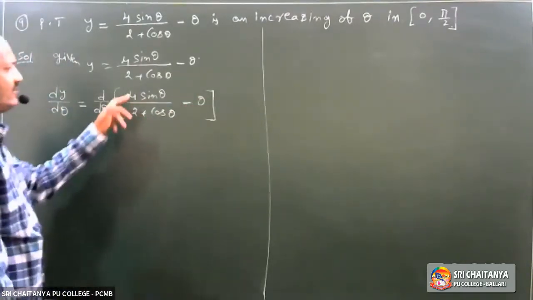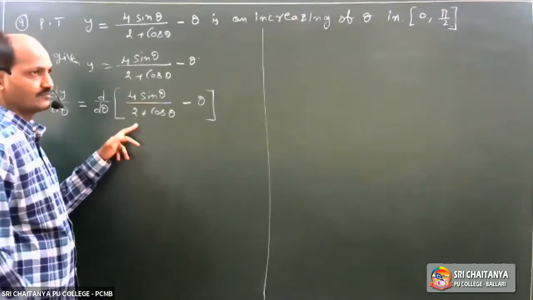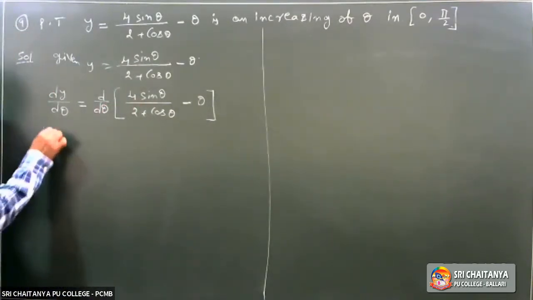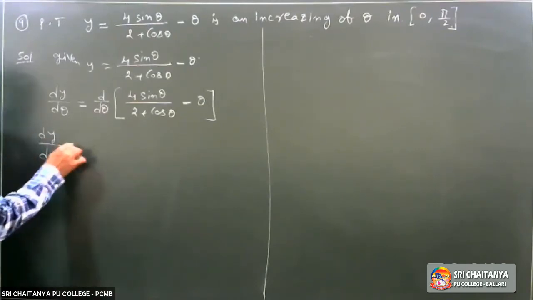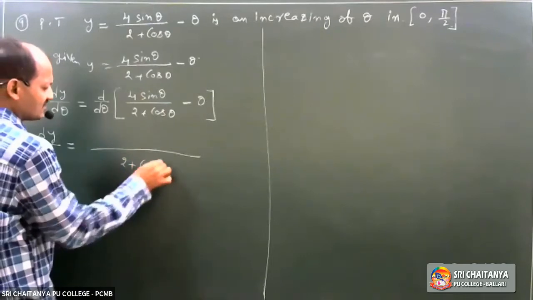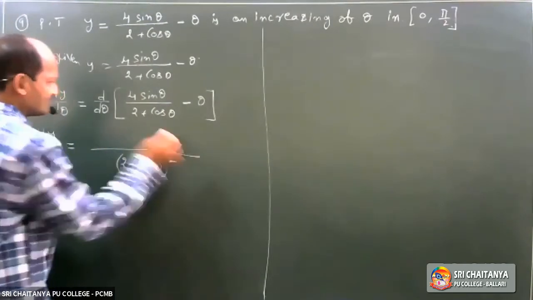First one, it is a derivative of u by v form. dy by d theta is equal to v u dash minus u v dash divided by v square, that means 2 plus cos theta whole square.